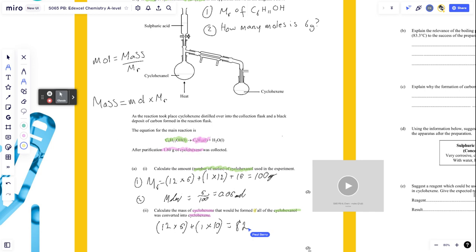If we had 1 mole, we would get 82 grams. But what would we have in this case? We don't have a mole of it. We know how many moles we've got. We've got the same amount of moles as the cyclohexanol because we're assuming that all of the cyclohexanol has reacted in this scenario. So how many grams would that be then?